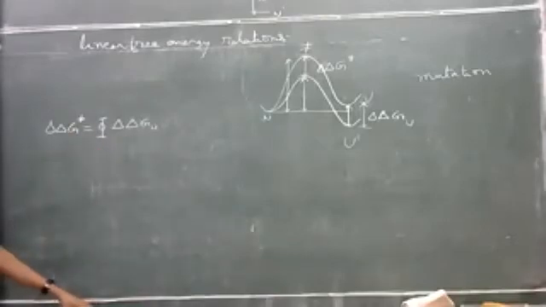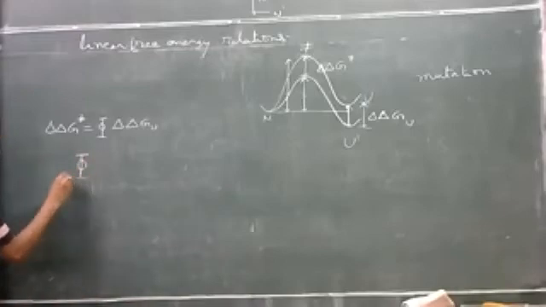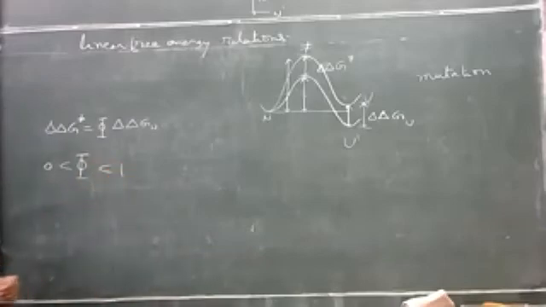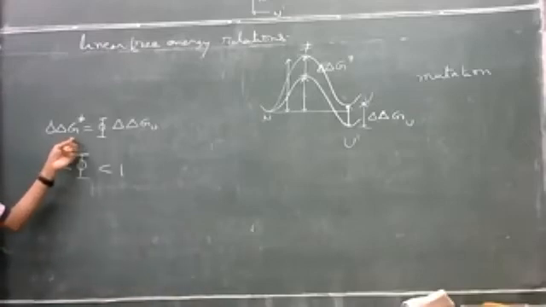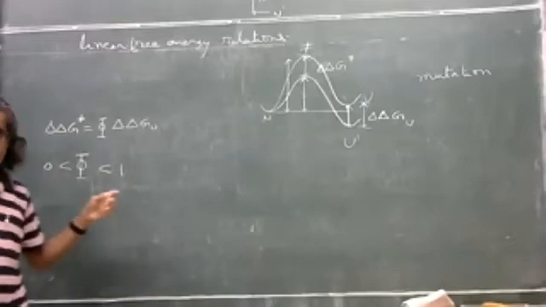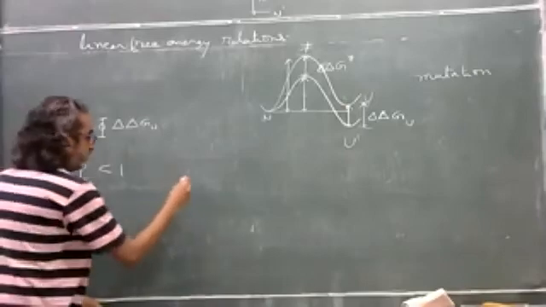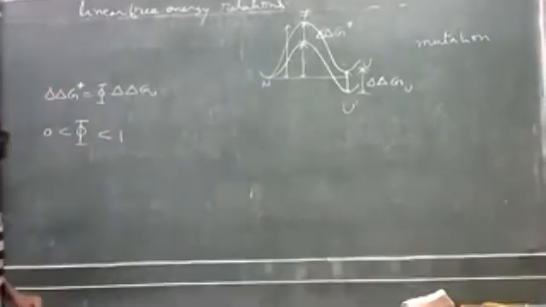So the phi value can be 0 to 1; it can't be larger than 1. 0 means that there is no change in the barrier height upon mutation. So let me write it: the phi value can be 0 to 1.